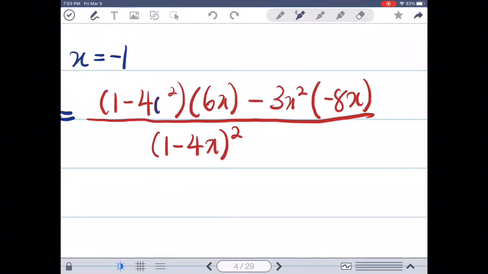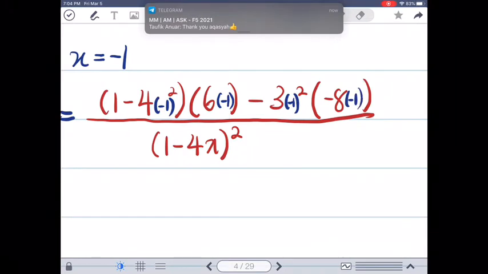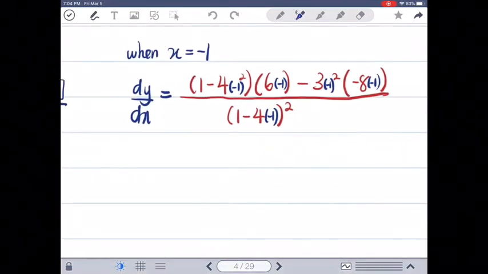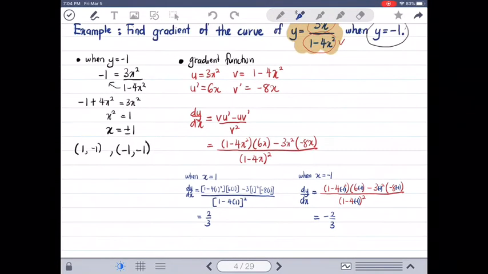So it becomes negative 1 squared, this is negative 1, negative 1 squared, negative 1, negative 1. So you press your calculator, you will get negative 2 over 3. Okay.